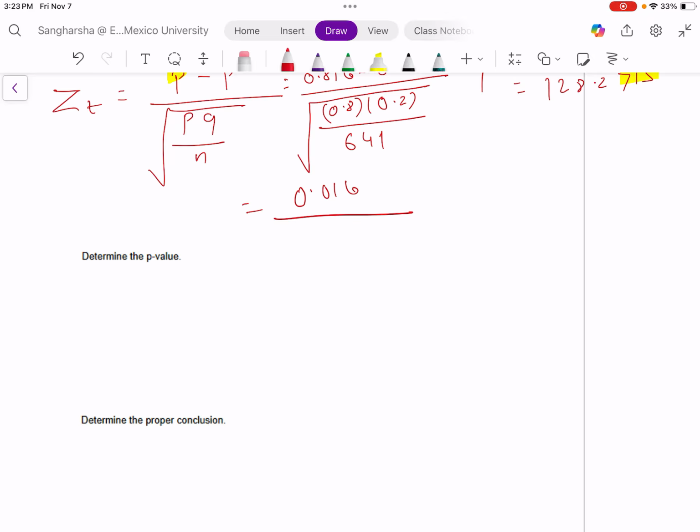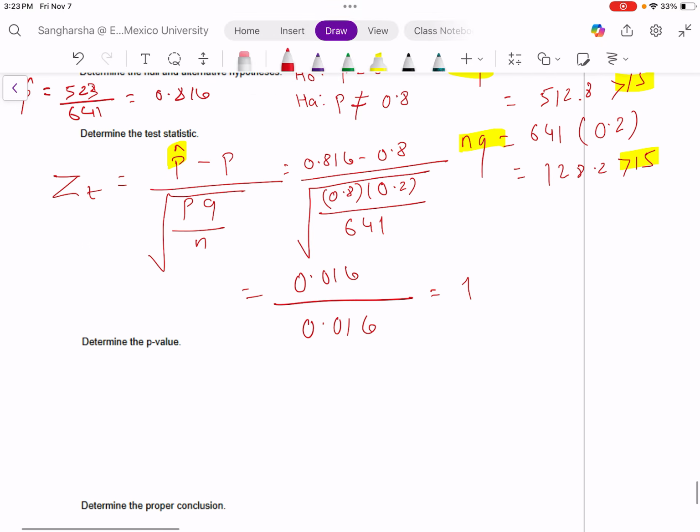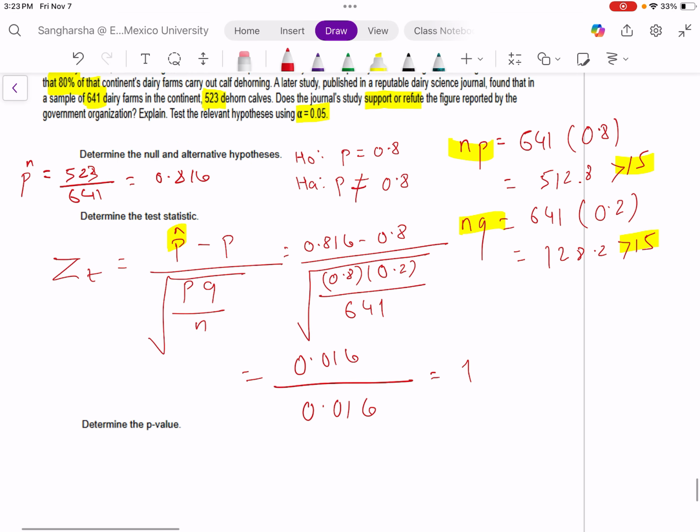Let me double check: 0.8 times 0.2 divided by 641. So our z is 1. Okay, so let's find the p-value.